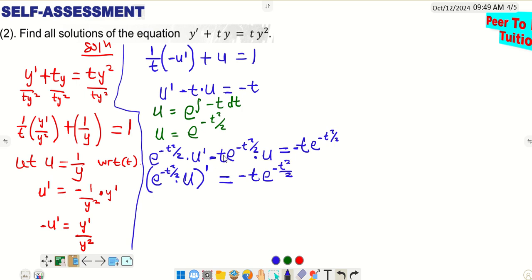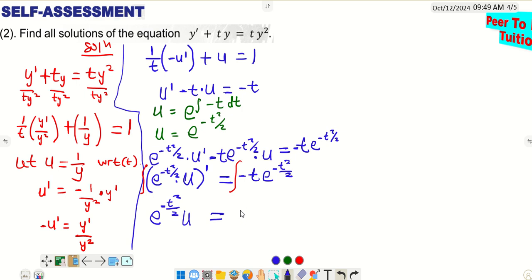Now we can integrate both sides, integrate here and also integrate here. If you do that, the integral sign will cancel the derivative, so we will get e^(-t²/2) u should be equal to, now we have to integrate this.